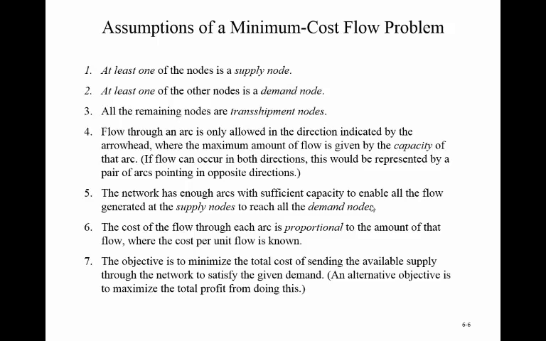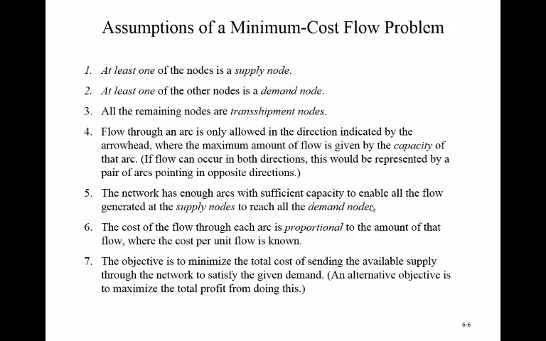In other words, it's however many units you ship across that arc times the cost per unit to ship across that arc. So it's not nonlinear or anything like that. It's just simply proportional. If you send twice as many on that arc, your cost is going to be twice as much.